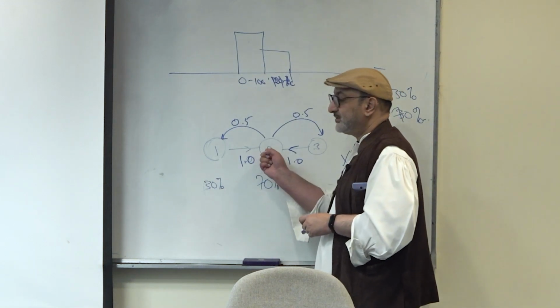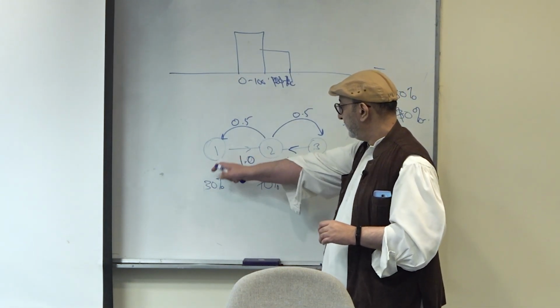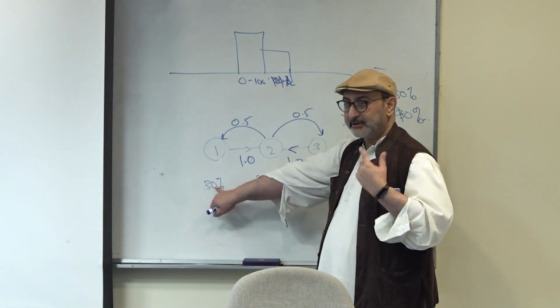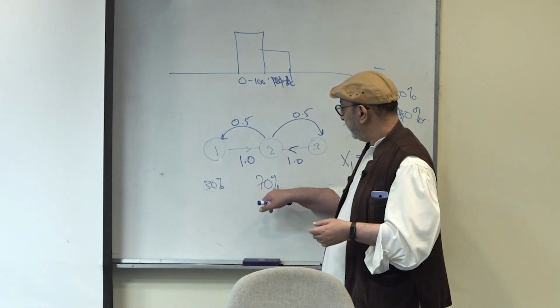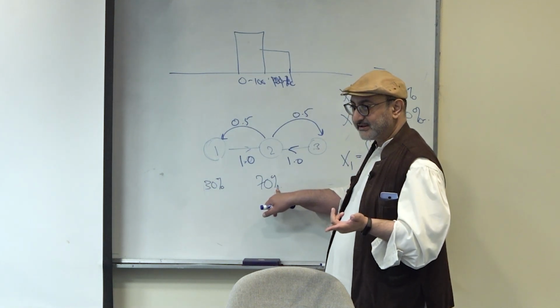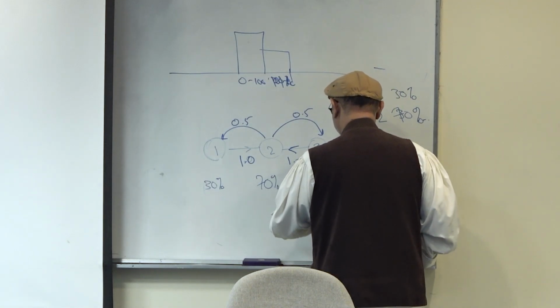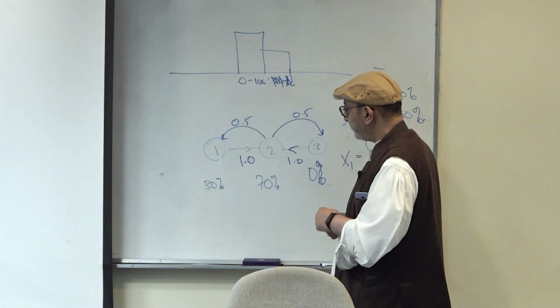What's the probability that you're in state 2 if you initialize at state 1 with probability 30%, state 2 with 70% probability, and state 3 with 0% probability?